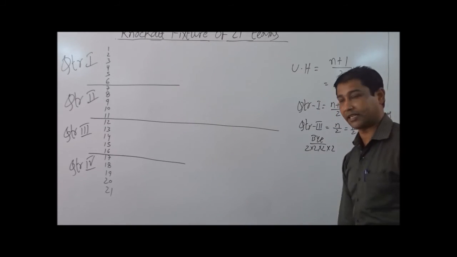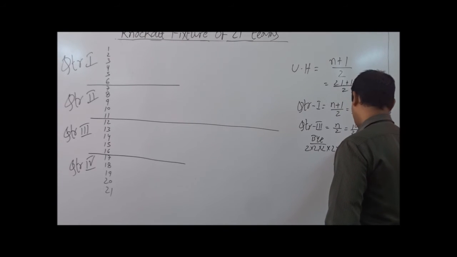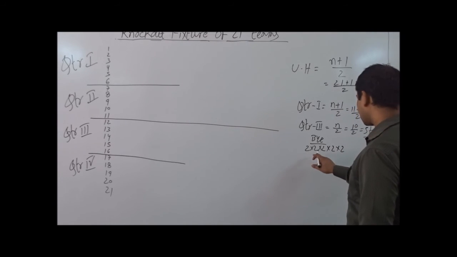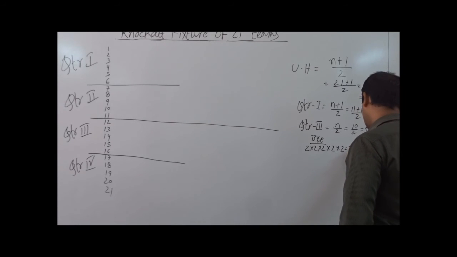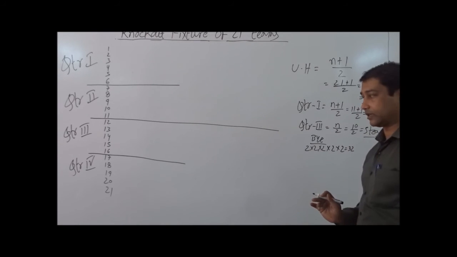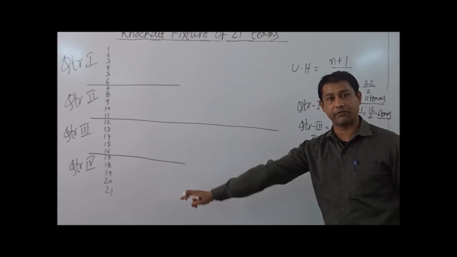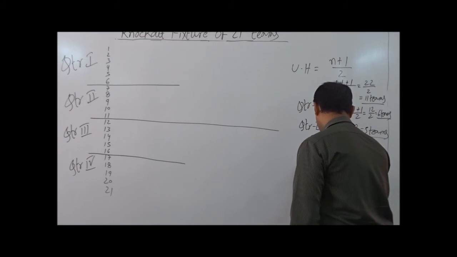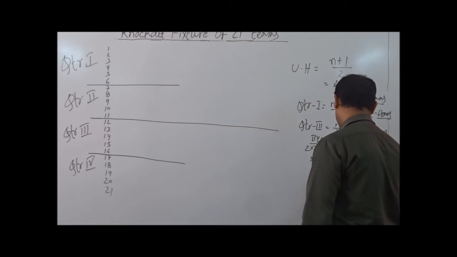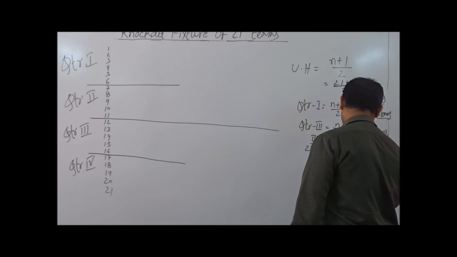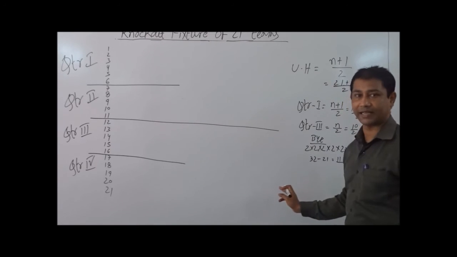Still 21 is greater. 16 into 2, 32. We need to stop then and there because 32 is greater than 21. So 32 minus 21 becomes 11. So total number of byes are 11.